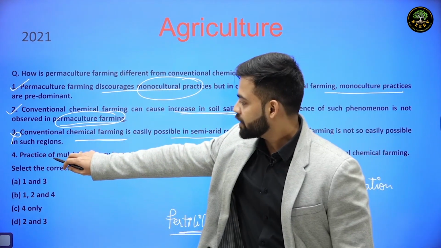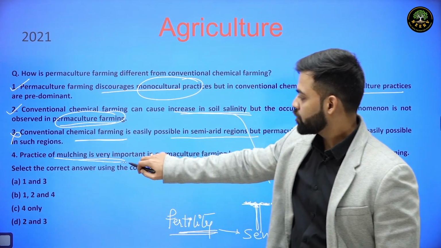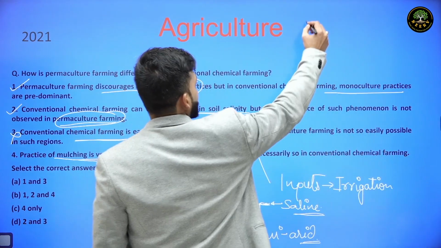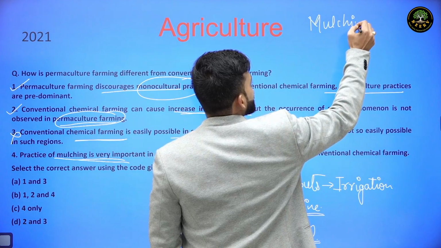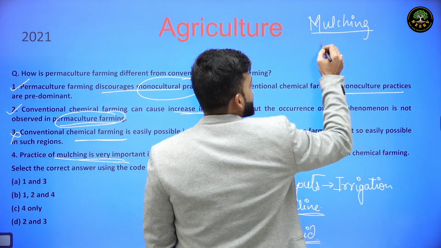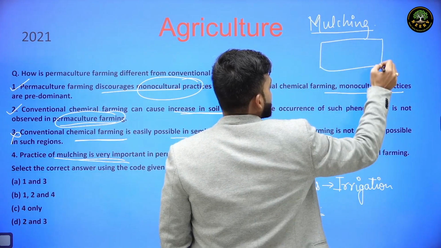As far as the practice of mulching is concerned, what we do in mulching is we cover an additional layer.